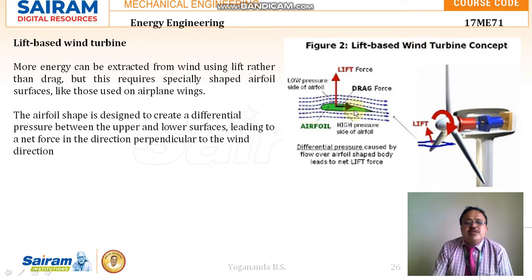That is responsible for the torque created here. The same principle is adopted in the lift-based wind turbine that we have seen in the case of airfoils. Thank you, friends.